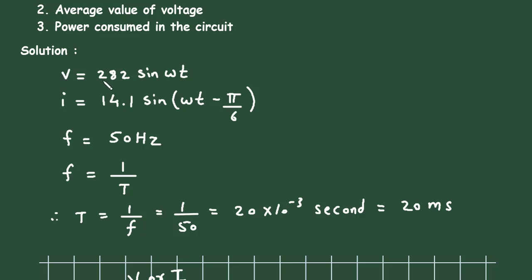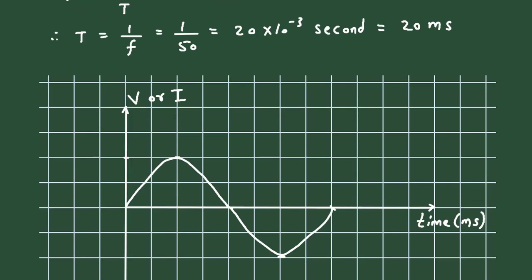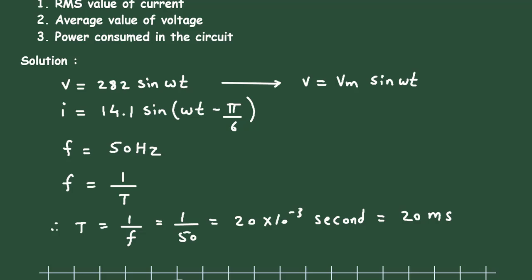So for voltage, if we compare this with the standard expression V is equal to Vm sin omega t, the Vm value is 282. So here this will be 282 volt, Vm is equal to 282 volt.